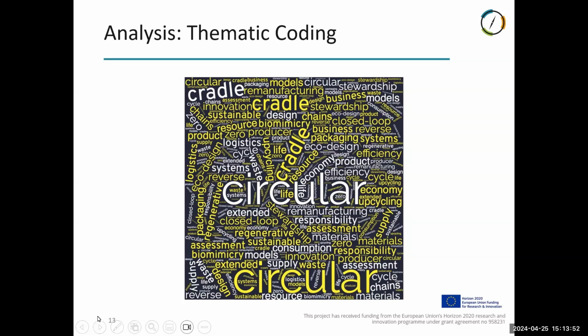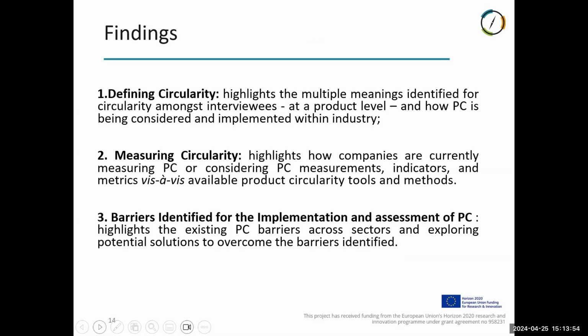Next slide, please. So the findings that we will present are divided into defining circularity, measuring circularity, and the barriers identified for the implementation and the assessment of product circularity. Next slide, please.